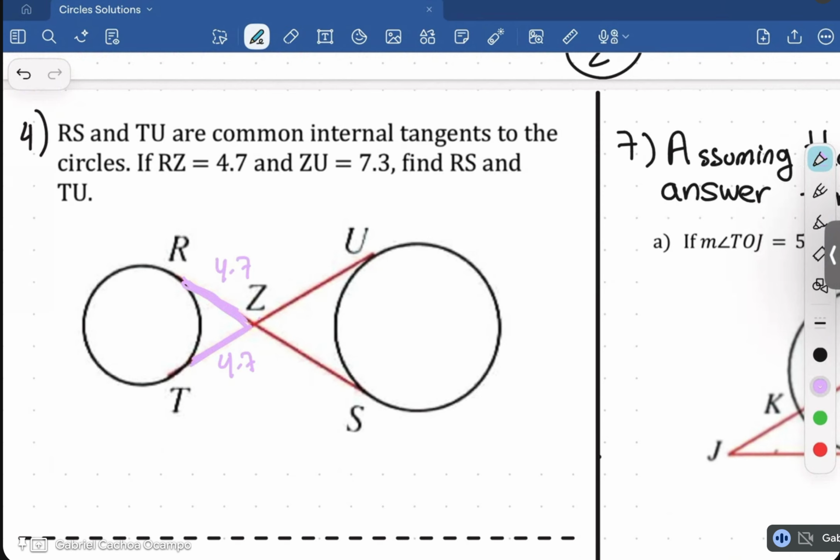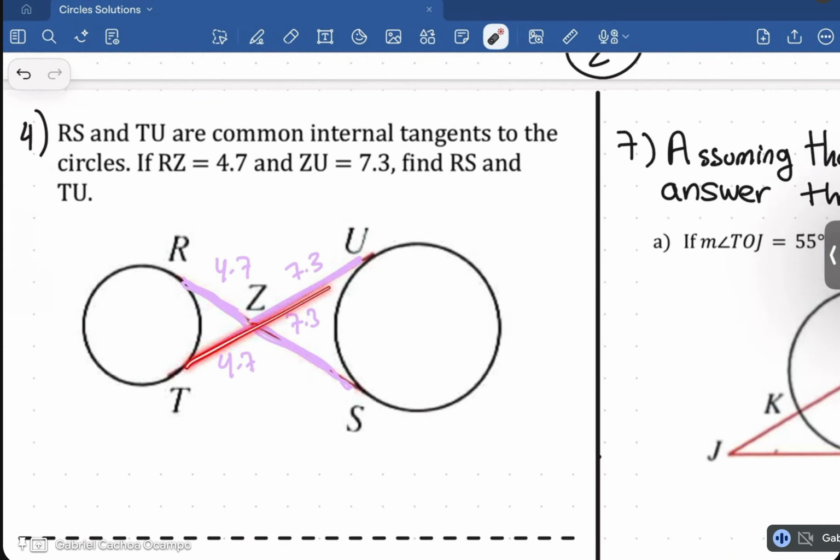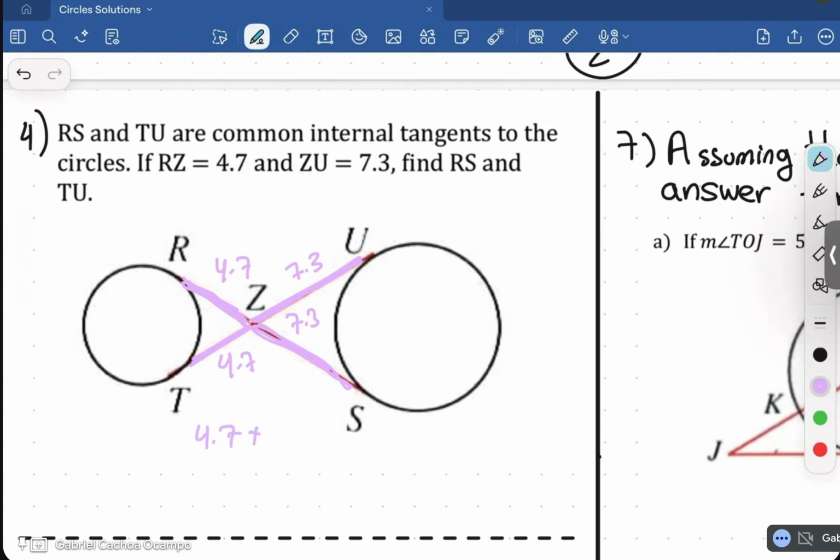And now if ZU measures 7.3, then this one should also measure 7.3. The whole thing, TU should measure 4.7 plus 7.3, which I hope is 12. Amazing.